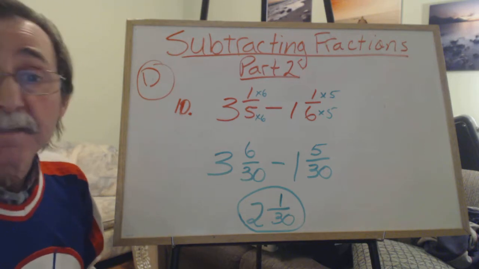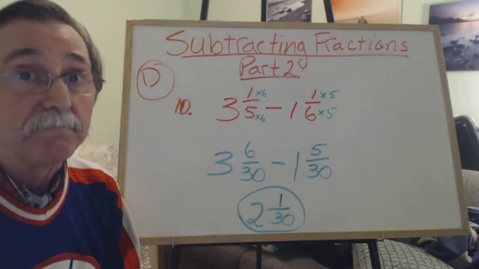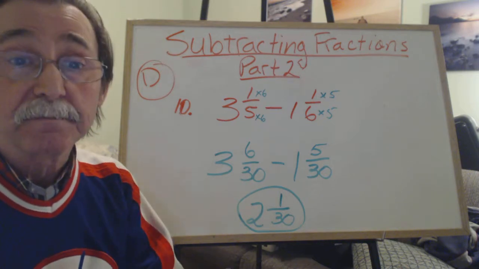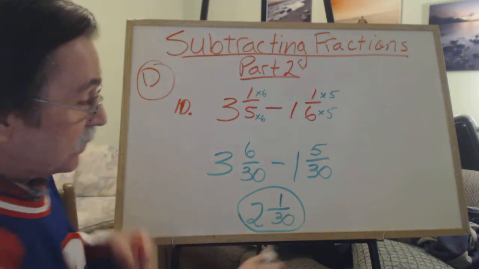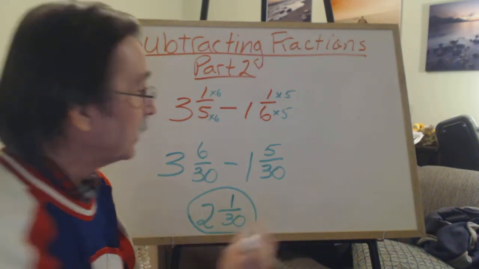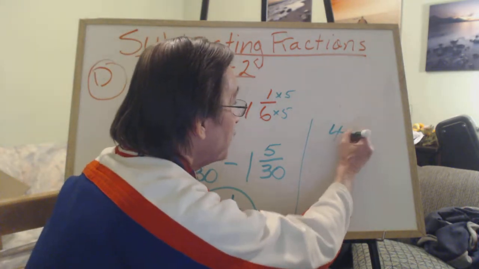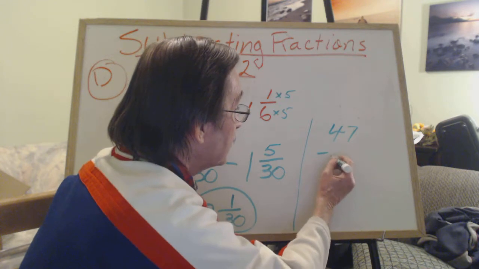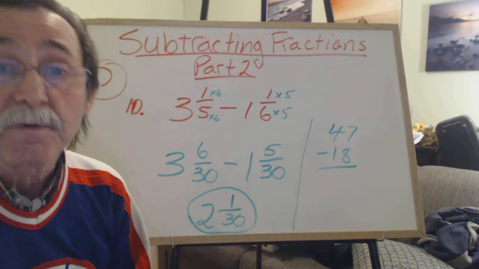And the more I do these guys, the more I think that going up and down is a much better way to do it. Okay, I'll tell you why. If we were ever to do something simple like 47 subtract 18, we line them up.